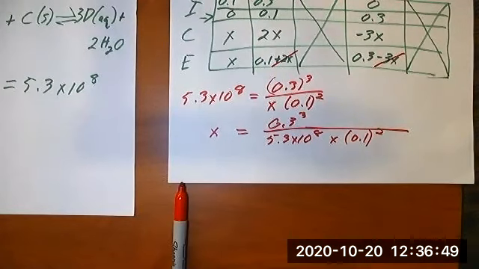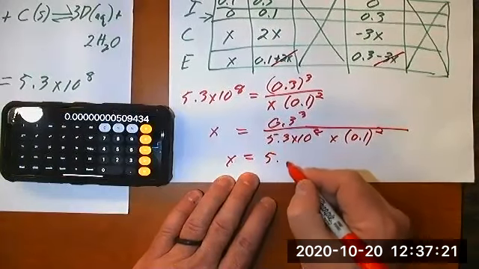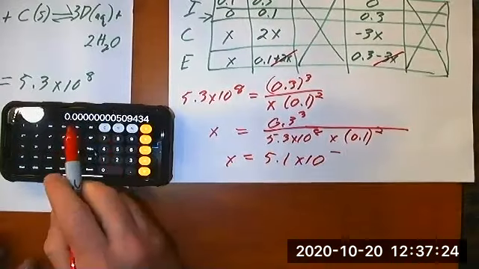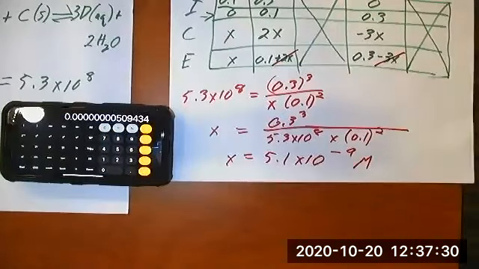So 0.3 cubed divided by 5.3 times 10 to the 8th divided by, open parentheses, 0.1 squared, close parentheses, equals, x equals 5.1 times 10 to the negative 9 molar. So 5.1 nanomolar is what we end up getting.